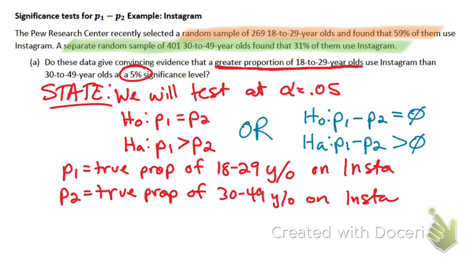Either one can be used. You can use whichever one you want when you are doing your hypothesis tests. But you do need to be able to at least recognize both of them in case of a multiple choice type question. Okay? All right, what's next?